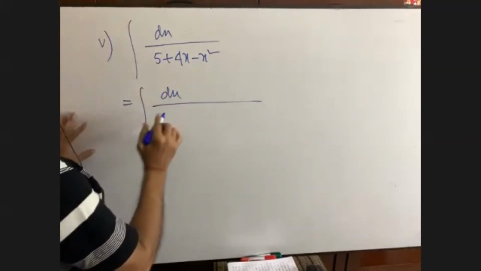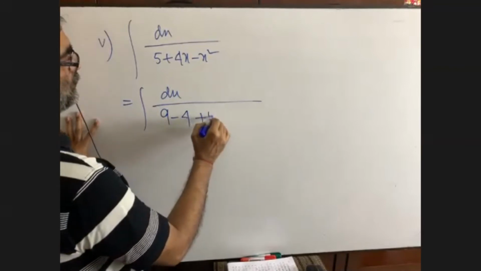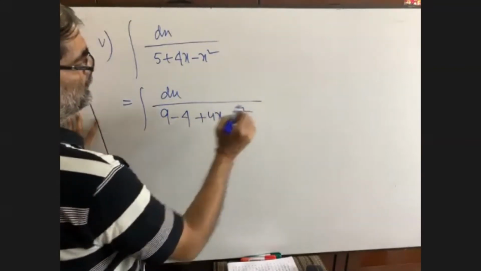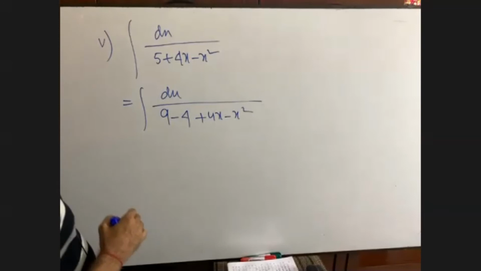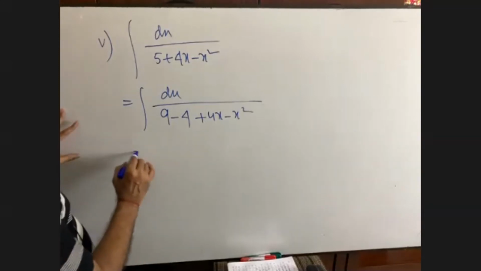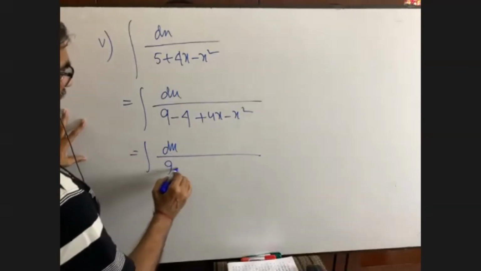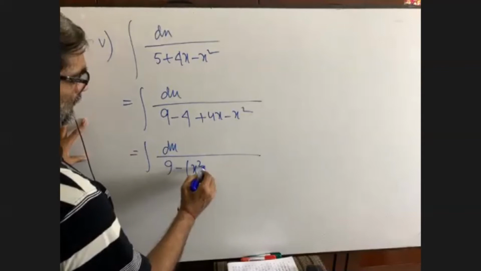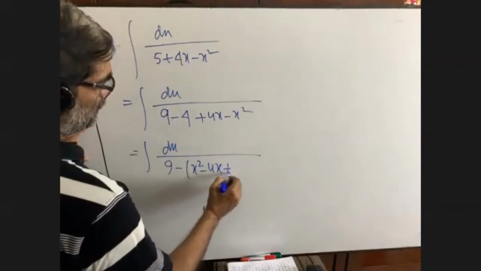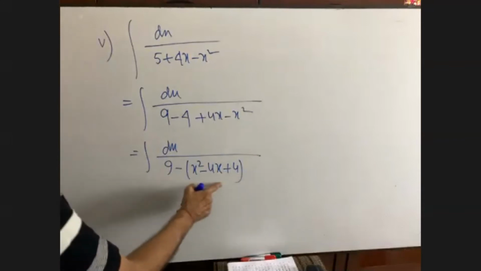So 5 can be written 9 minus 4 plus 4x minus x square. Why and how have we written it? Because we have to do this format: 9 minus x square minus 4x plus 4. Now you see this line and this line are same.